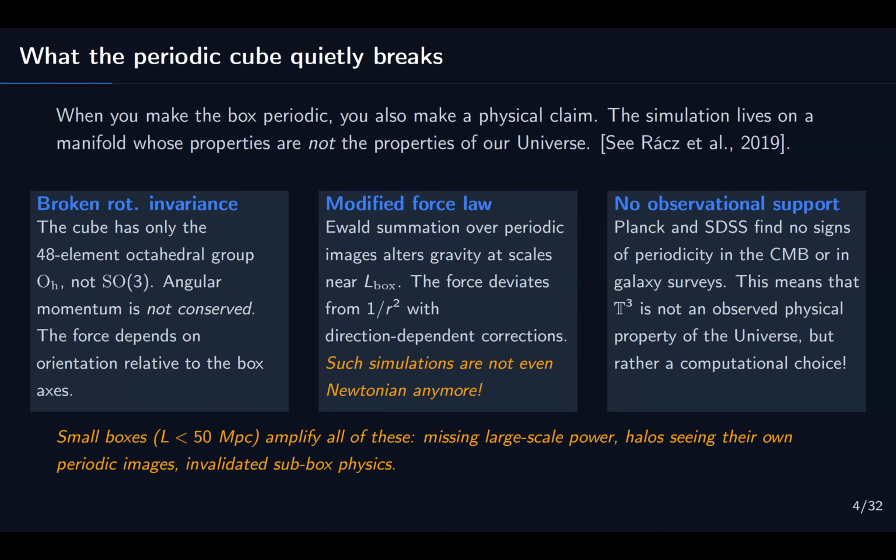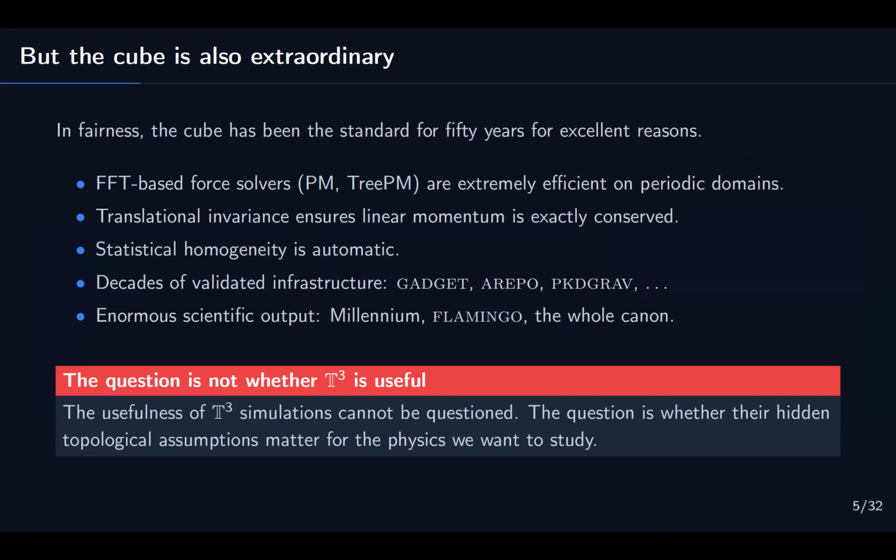So why do we still use cubical simulations? Because in fairness, the cube is used for excellent reasons. You can say a lot of positive things about the cube. For example, it was originally introduced because FFT-based calculations, which are very important in almost all parts of cosmological simulations, work really well on these cubical periodic topologies.